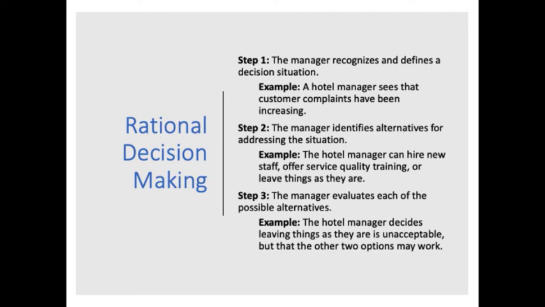So step 2, the manager identifies alternatives for addressing the situation. This is clearly a situation that seems to require action. At least that's what he's contemplating, he or she. And so you see there, example, the hotel manager can hire new staff, can offer service quality training, or can leave things the way that they are.